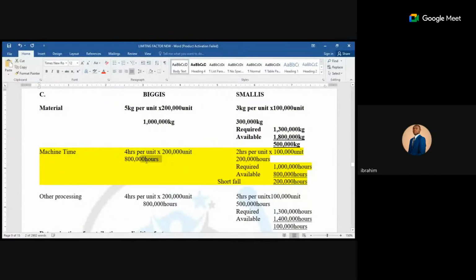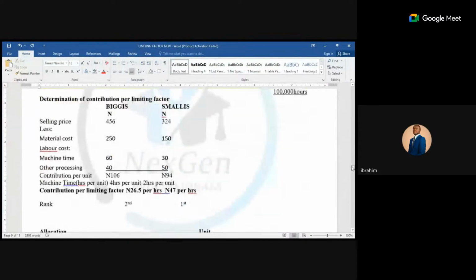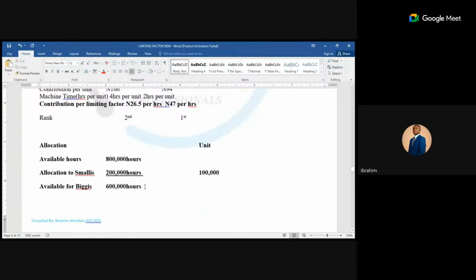It will take 800,000 hours, but we don't have that capacity. What we have available is just 600,000. So we need to allocate just 600,000 for biggies.